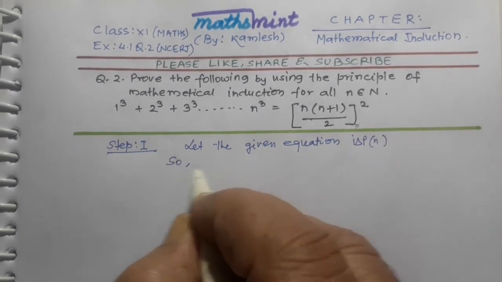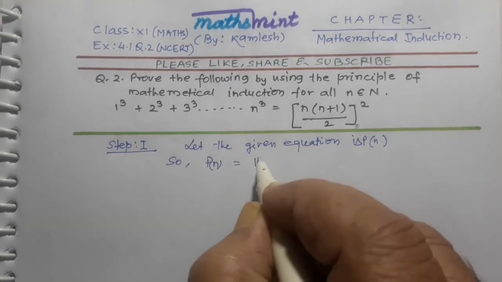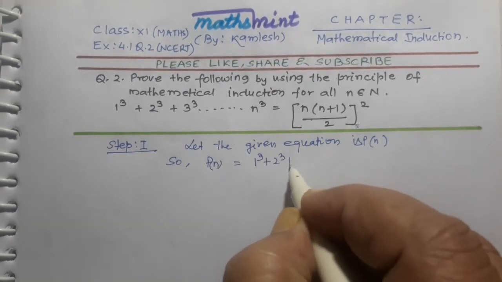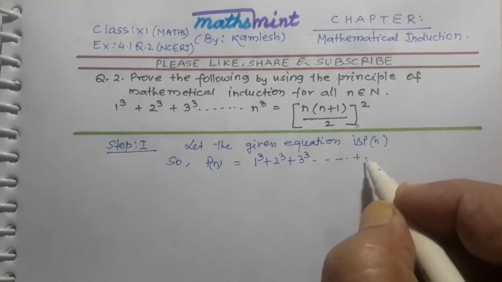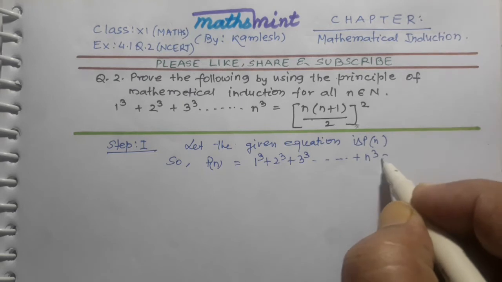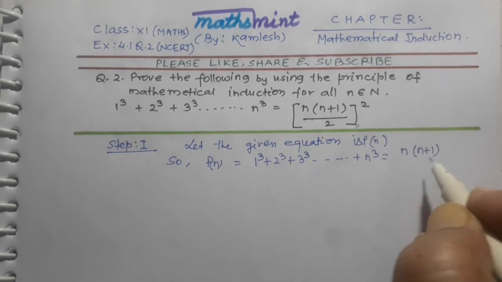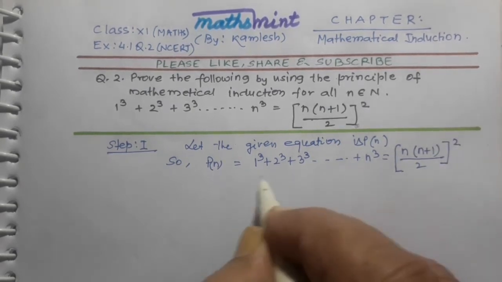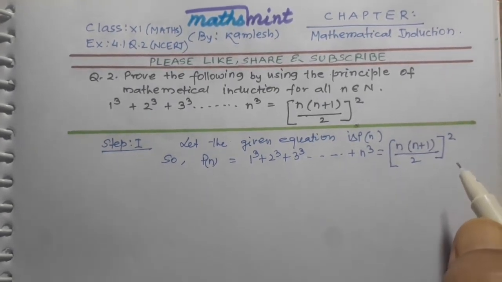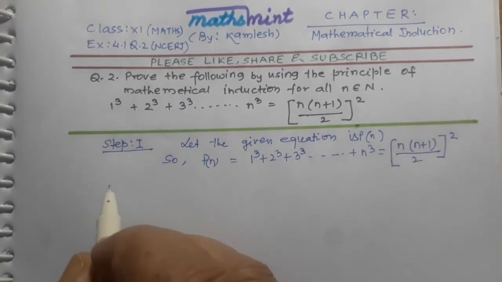So Pn will be equal to 1 cube plus 2 cube plus 3 cube and so on, lastly n cube, equal to n into n plus 1 by 2, over all square. Okay, this is our first step. In every such type of question, we'll have to give the first step in this manner.